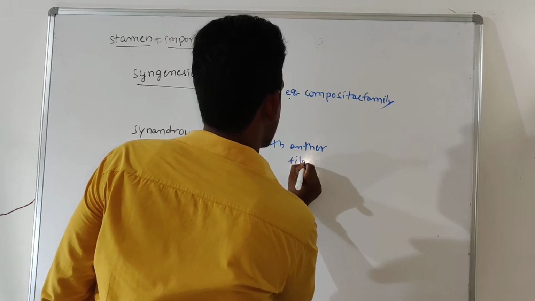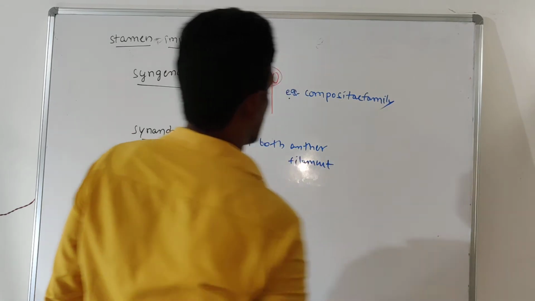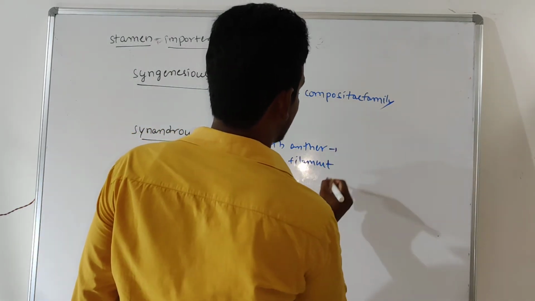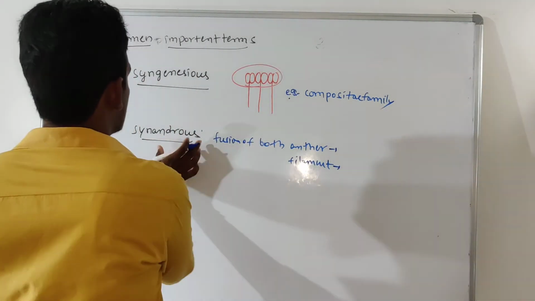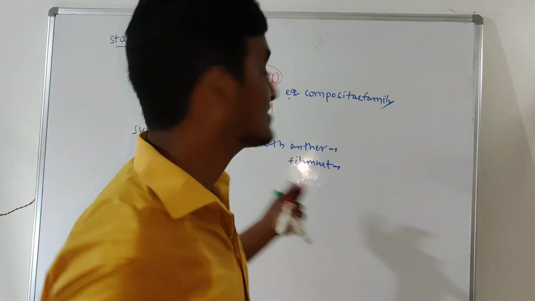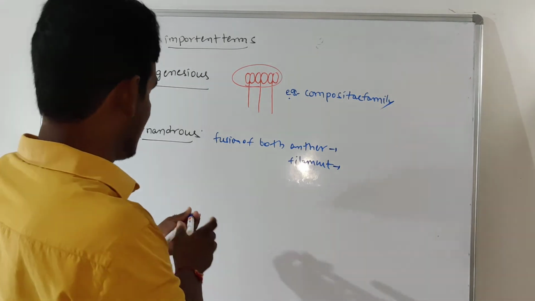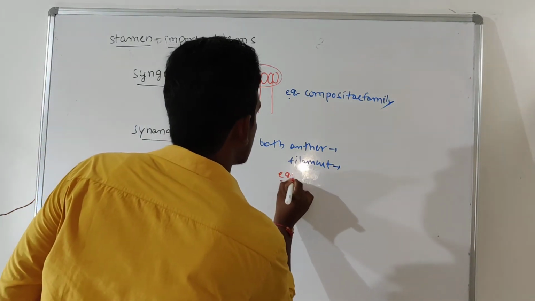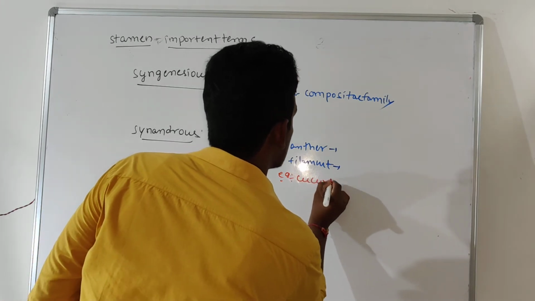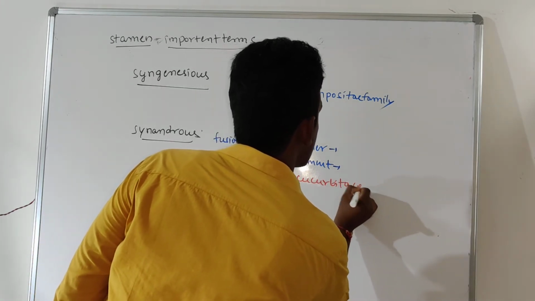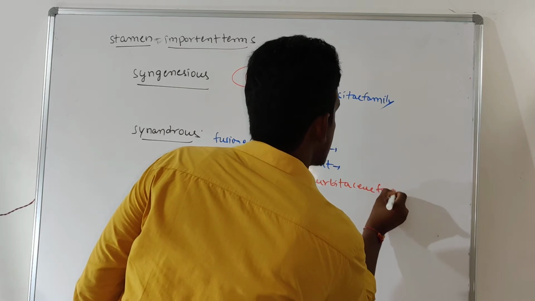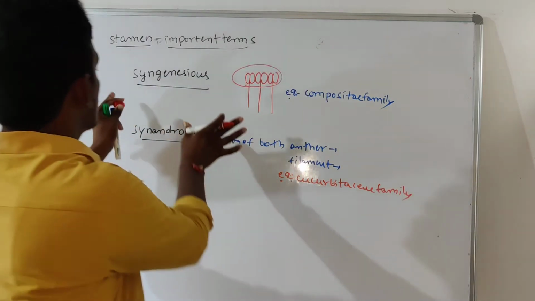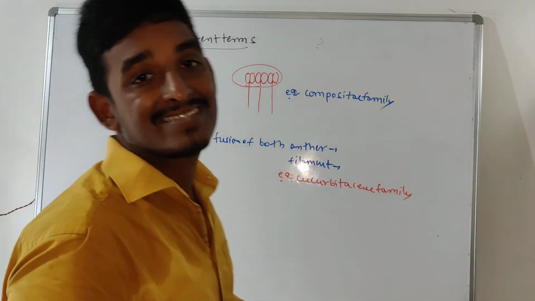Both anther and filament with another anther with another filament. The type of condition we call is a synandrous condition. An example for this one is the Cucurbitaceae family. Right? So it is about syngenesious and synandrous.